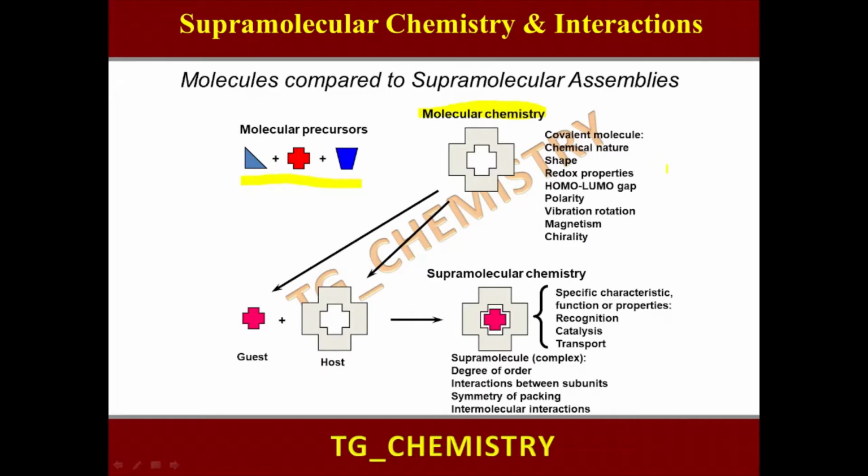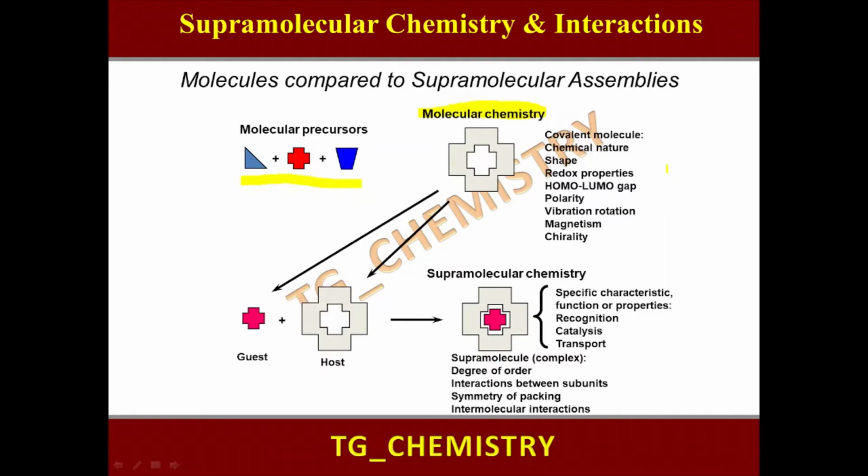When such compounds which are able to function as guest and host molecules, which in turn are prepared by means of covalent bond chemistry, that means molecular chemistry, combine with each other by means of intermolecular forces, not covalent bonding, they create supramolecular chemistry.